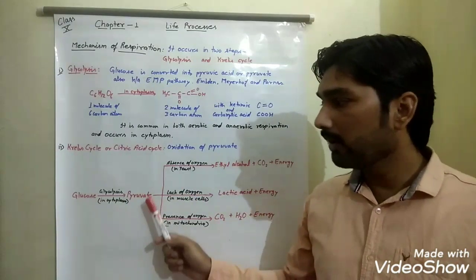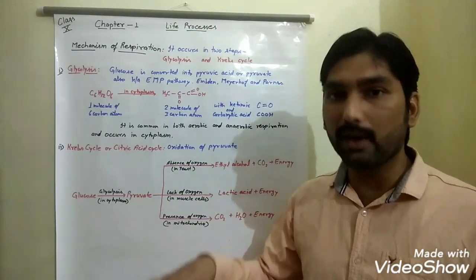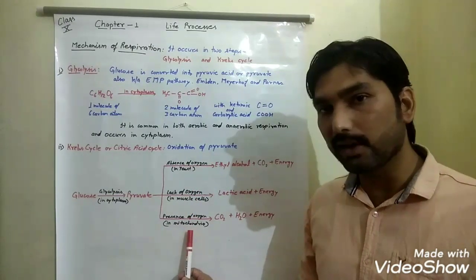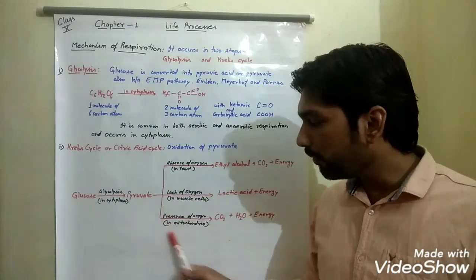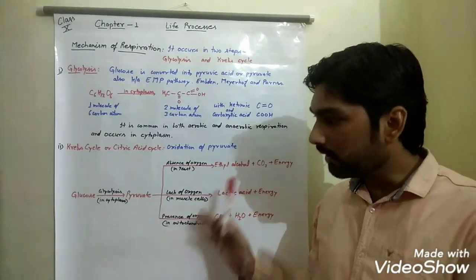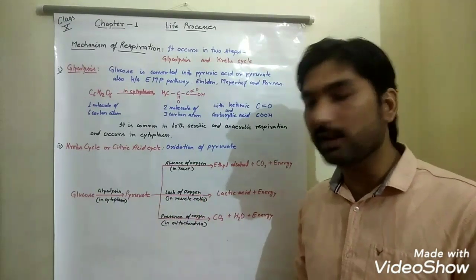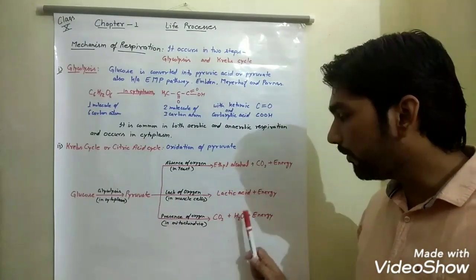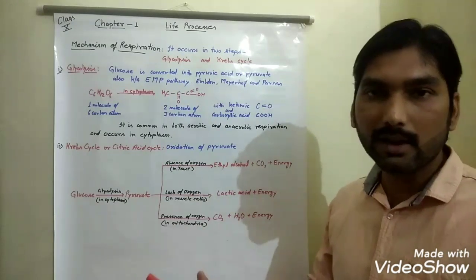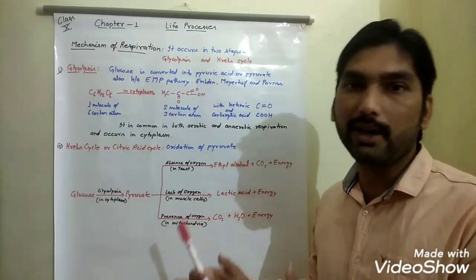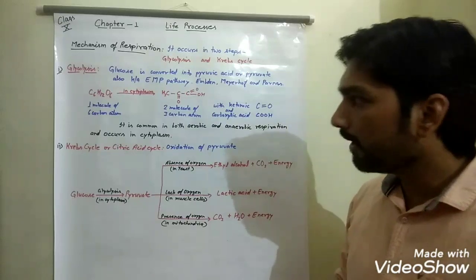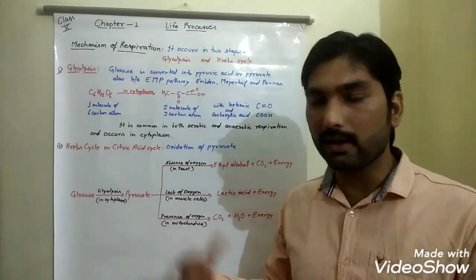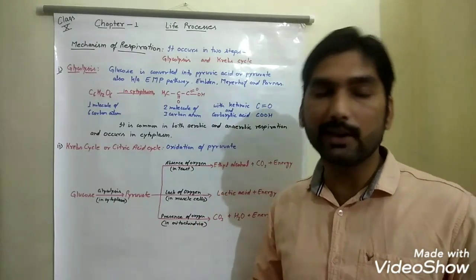And when this pyruvate is converted with the help of oxygen, that is aerobic respiration, it is happening in mitochondria, then the complete oxidation will take place and this pyruvate will be converted into carbon dioxide gas, water, and a lot of energy in the form of 38 ATP will be released. So this was all the mechanism of respiration and aerobic and anaerobic respiration.